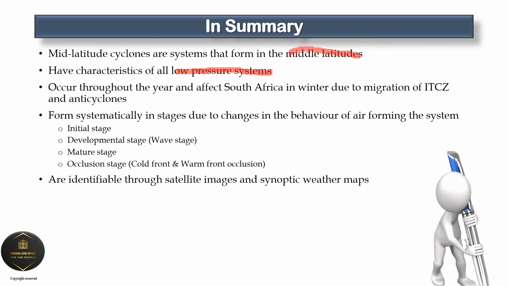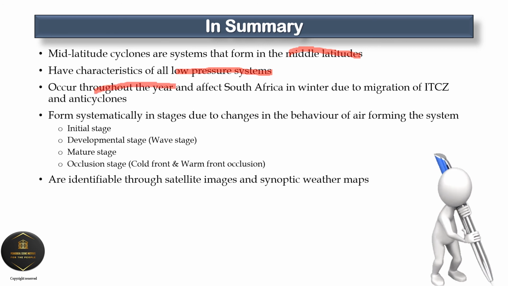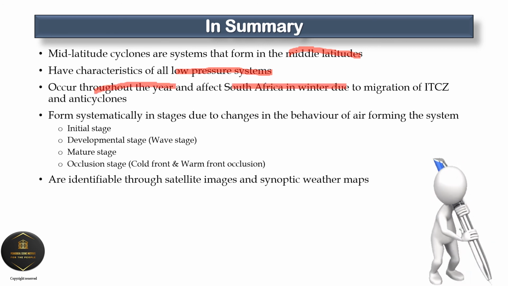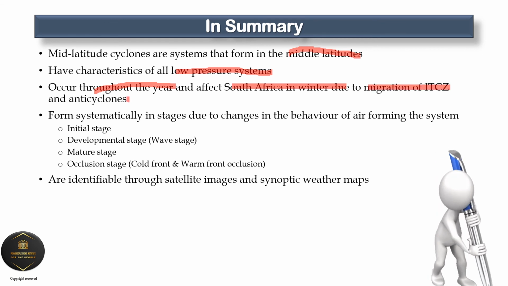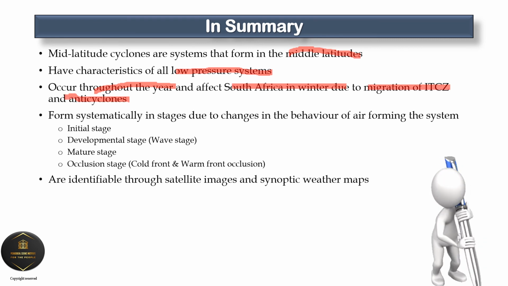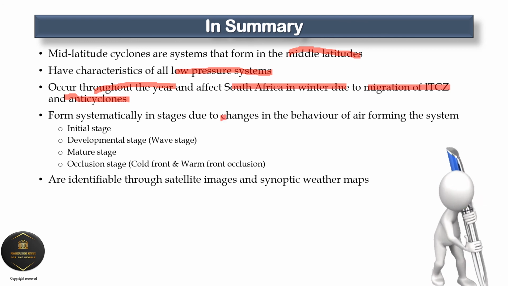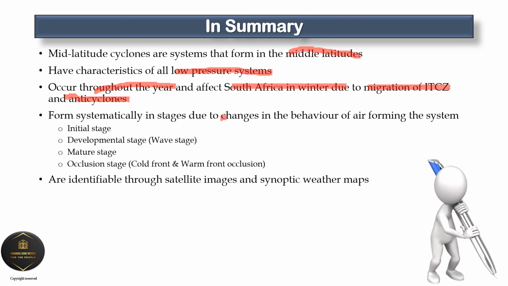Now, they occur throughout the year, but they affect South Africa in winter. Why? Because of the migration of the ITCZ and the effect of anticyclones. Now, they form systematically, which means they form in stages due to the changes in the behavior of air as the system forms, right?